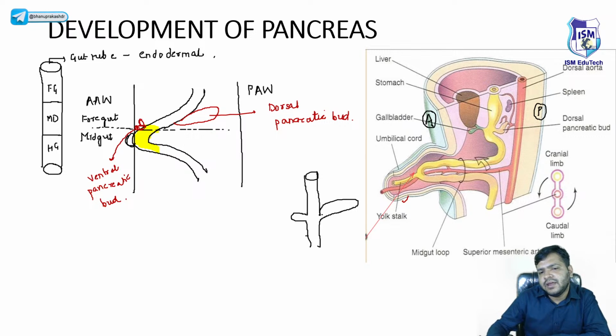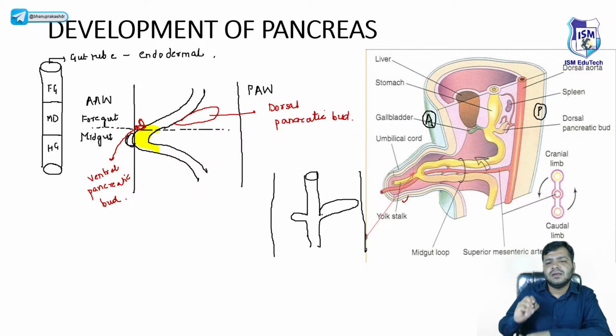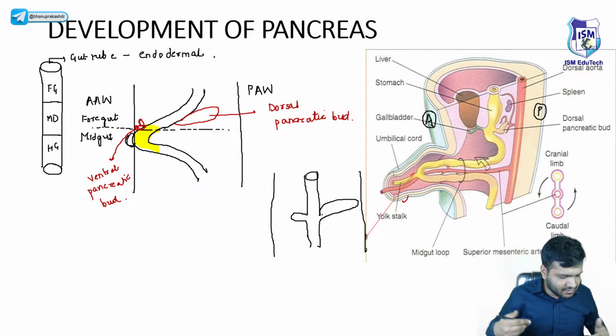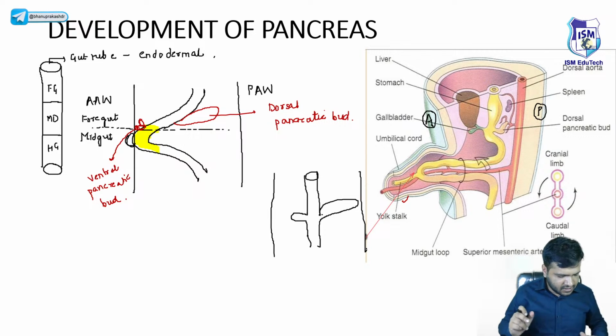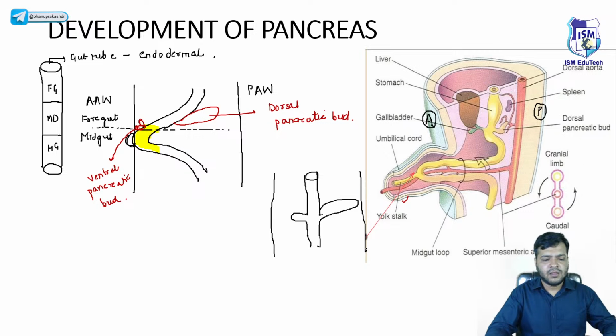Like this it is going, right? This is on the anterior side and this is on the posterior side. In the sagittal section, what is in front is the anterior, and the back is posterior. Is this clear to everyone? Okay.